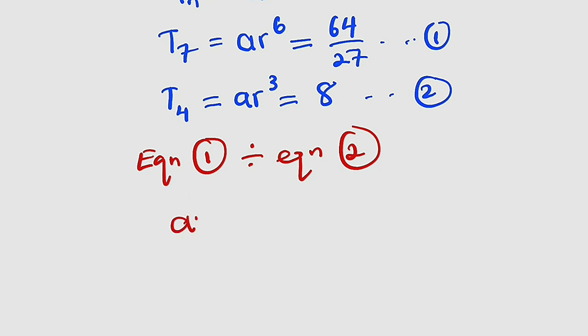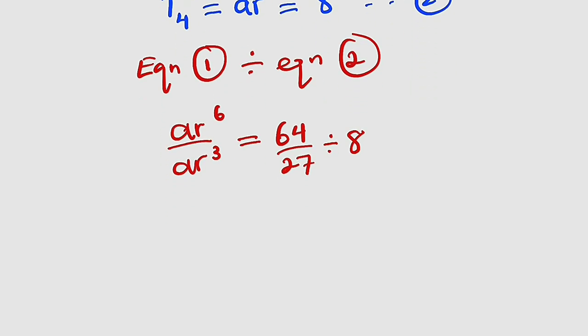So this would be a r raised to the power of 6 divided by a r raised to the power of 3. This is equal to 64 divided by 27, divided by 8. The a cancels a, and according to one of the laws of indices, since these all have the same base r, we take a single r and subtract the exponents. 6 minus 3 is 3.